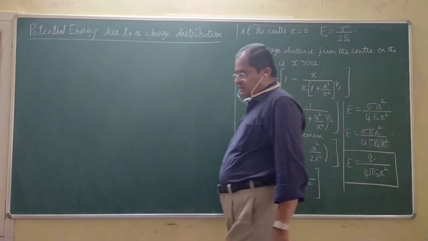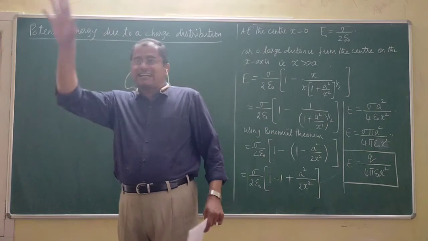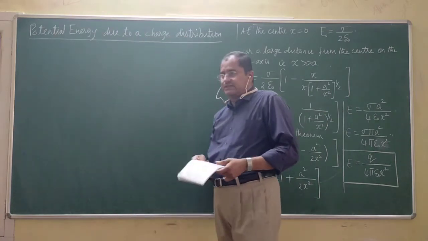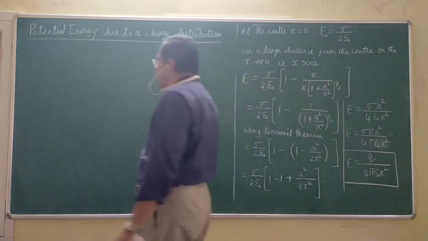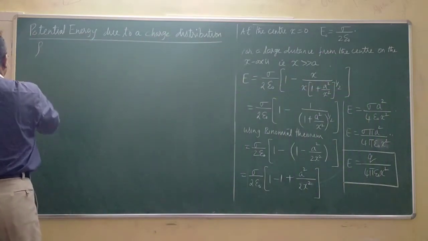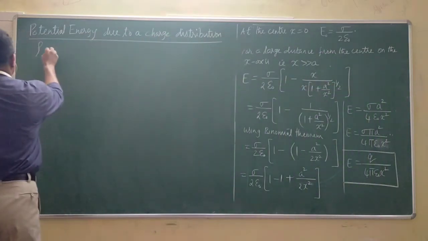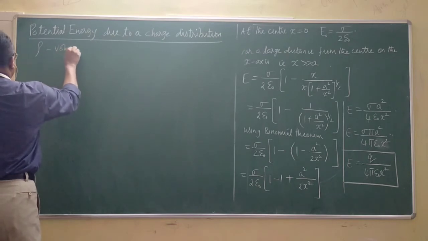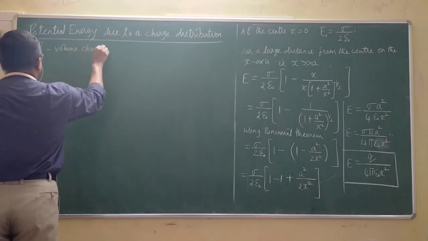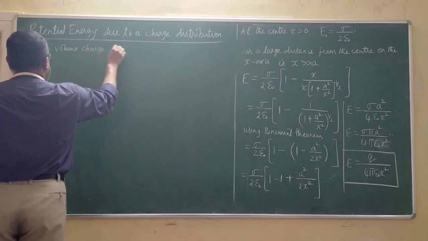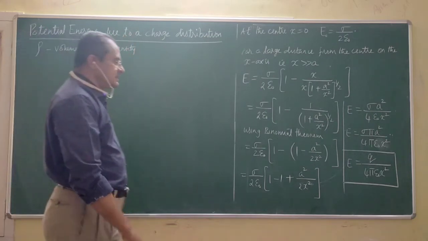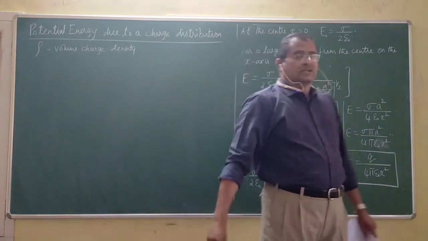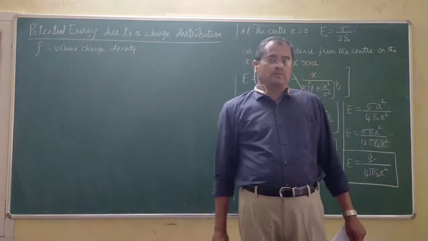Let us assume we have a continuous charge distribution. And let us say rho to be the volume charge density. When I say volume charge density, I mean charge per unit volume.